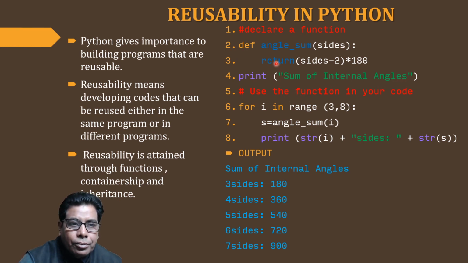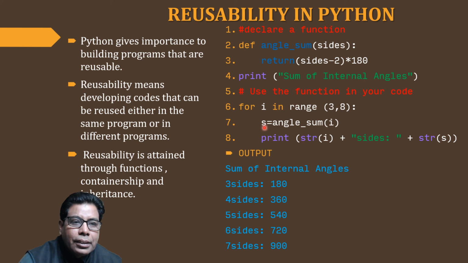Then this function code, we use it in our program. So here we are writing a for loop, where i is in the range 3 to 8. Then s is equal to angle_sum(i).